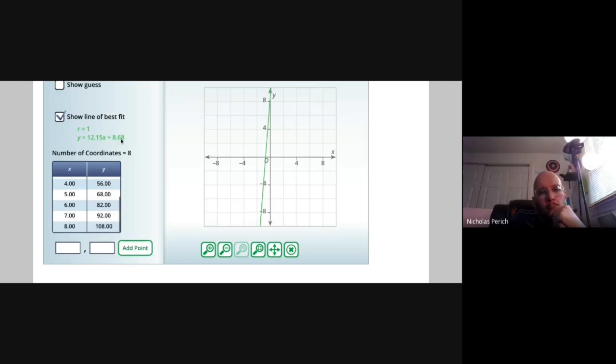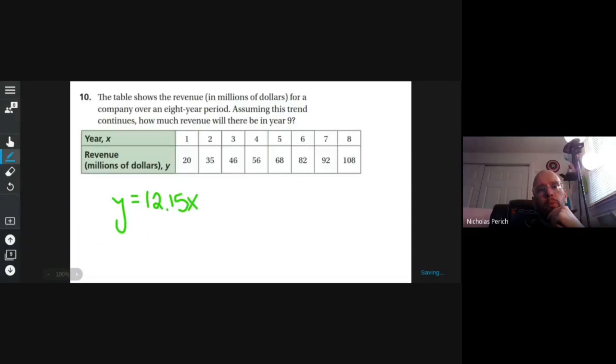12.15x plus 8.68. y equals 12.15x plus 8.68. Why am I writing this out? How much revenue will there be in year 9? So year is x.